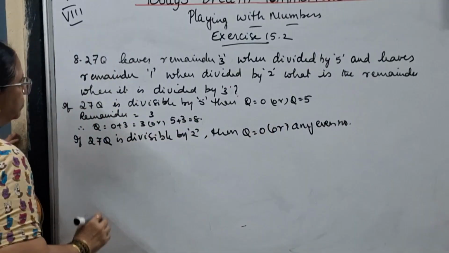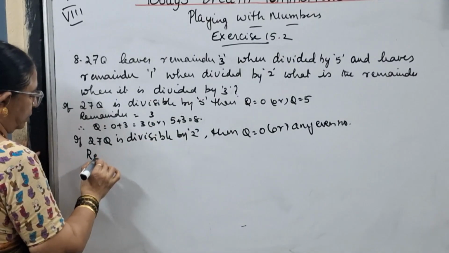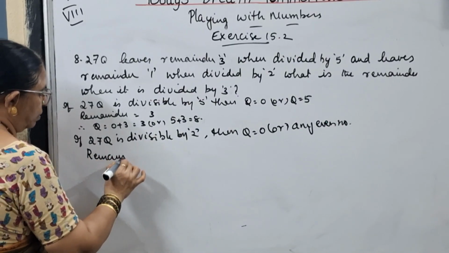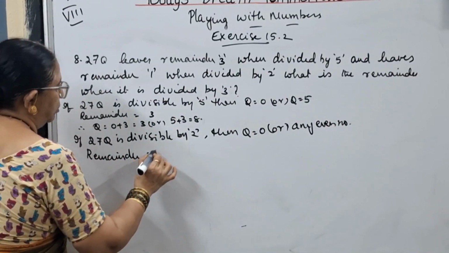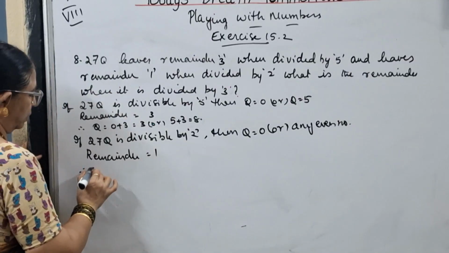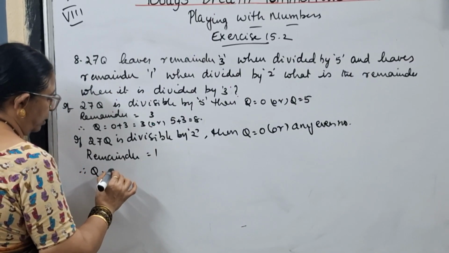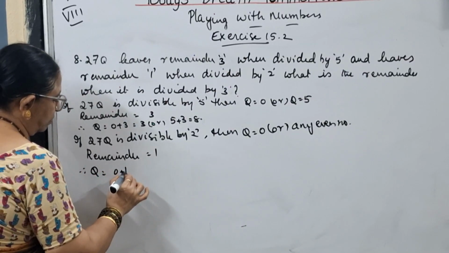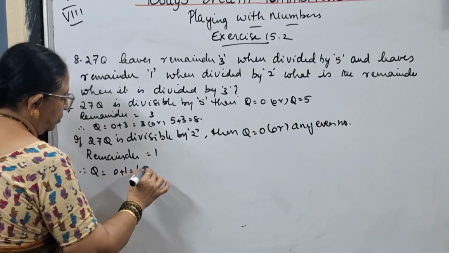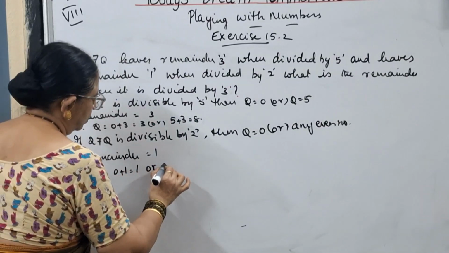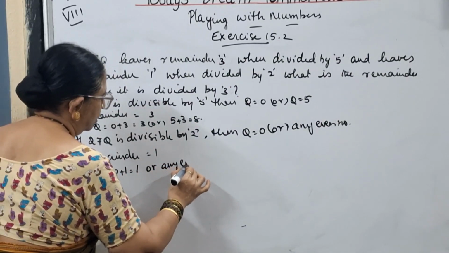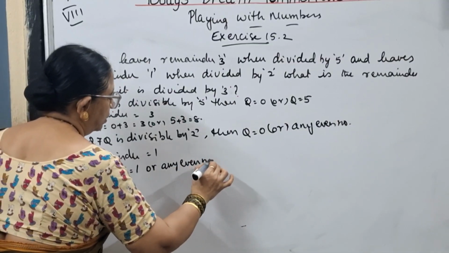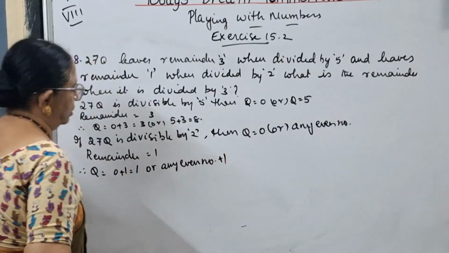Now, what is the remainder they have given? Remainder is 1. Therefore, q should be either 0 plus 1, that is 1, or any even number plus 1.